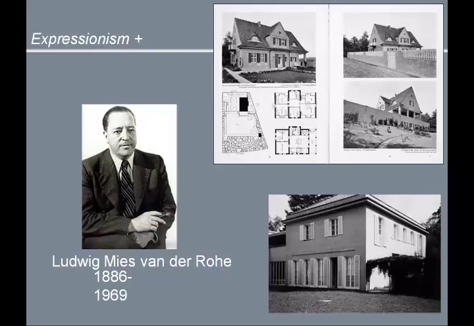And the exception to this rule really takes place in the 1920s, and that is the glass skyscraper that he designed for the Friedrichstrasse in Berlin, and also the monument to the communist martyrs. These works venture into an area that stands apart from most of the work that Mies did before and certainly after as well.